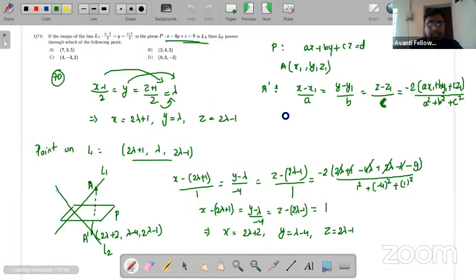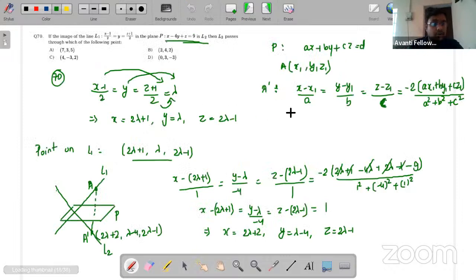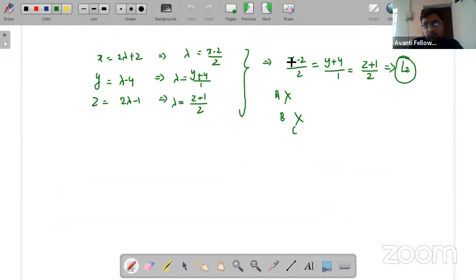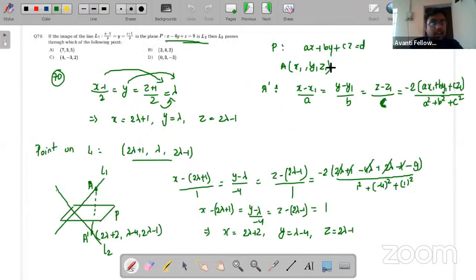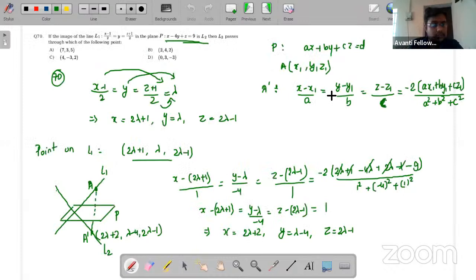Now B, 2, 0, 4: it gives 8, so B is also wrong. Now checking C, 4, minus 3, 2: 4 minus 2 by 2 is 1, minus 3 plus 4 gives 1, and for 2 we get 3 by 2.